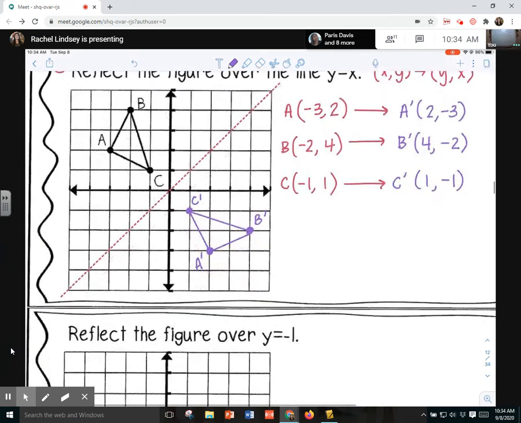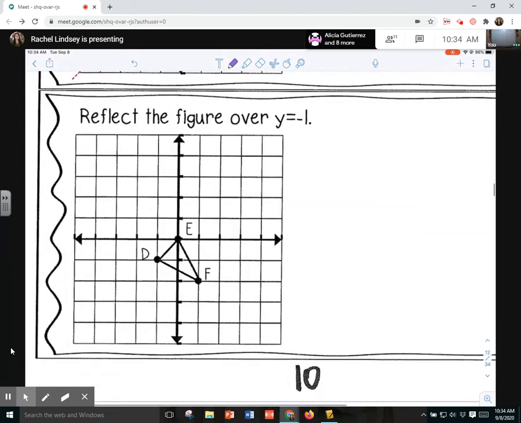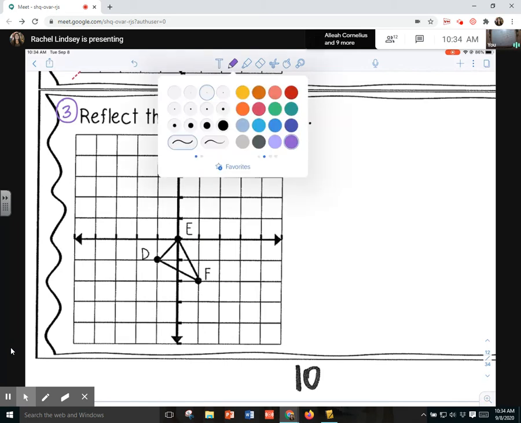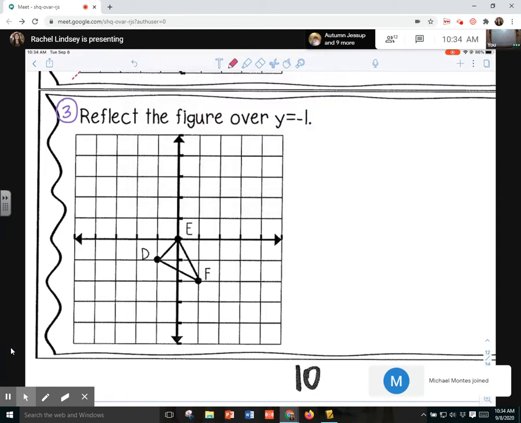Okay, number 3, I have a reflection, so I'm going to reflect the figure over y equals -1. So I'm going to go to my y-axis. On my y-axis, I'm going to find where y equals -1. Here's where y equals -1, right here. So that's going to be my line of reflection.